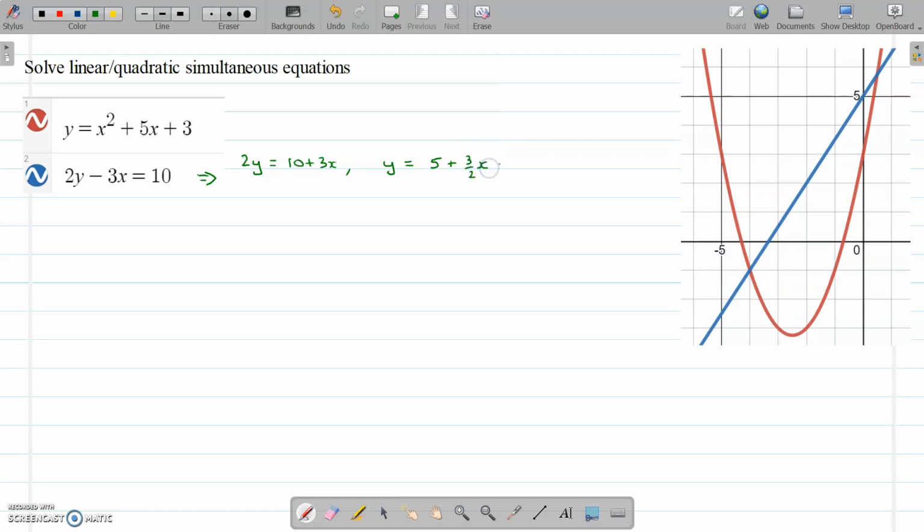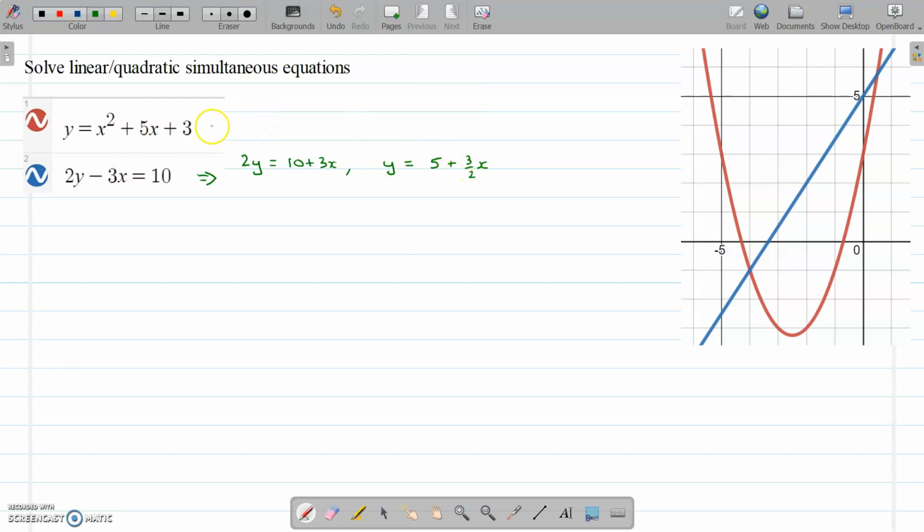I'm just going to leave it like that for the moment, and I'm going to now go to the quadratic and replace the y with 5 plus 3 over 2x. Because where the two graphs cross, both equations have the same y value and the same x value. So we replace the y with that.